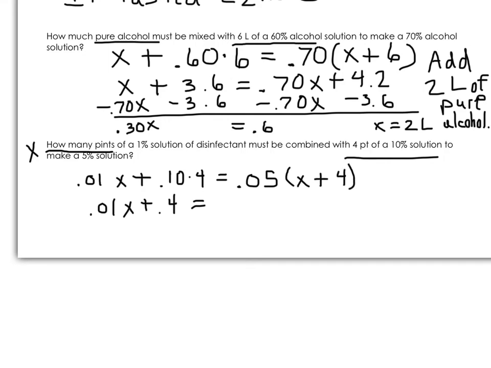X plus 4. And 5% of that is pure disinfectant. So we have the pure disinfectant plus the pure disinfectant equals the pure disinfectant. And if we eliminate the parentheses here, we'll have 0.05x plus 0.2.